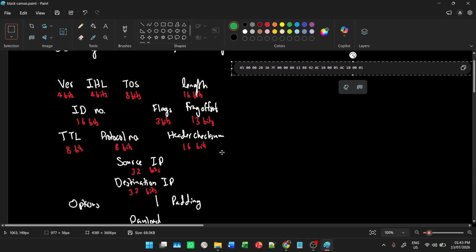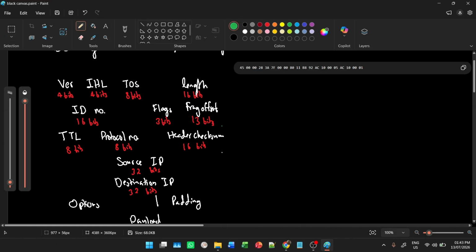Okay, so let us look into this. First we have version, which is 4. If we take 4 and write it in binary, we get 0, 1, 0, 0. Now I want you to be very clear here. When it comes to binary, we always start with 2 to the power 0, then 2 to the power 1, meaning we start with 1, 2, 4, and so on.